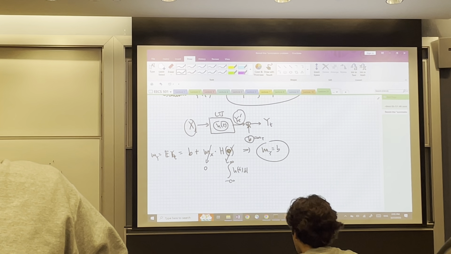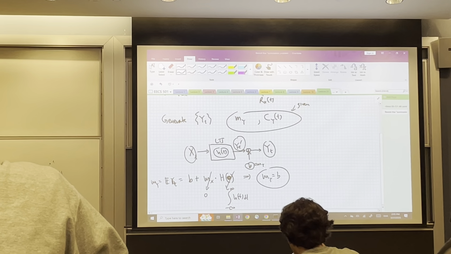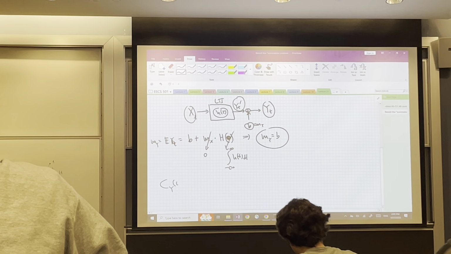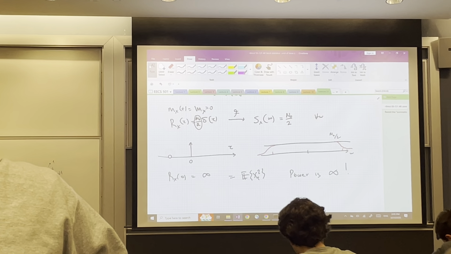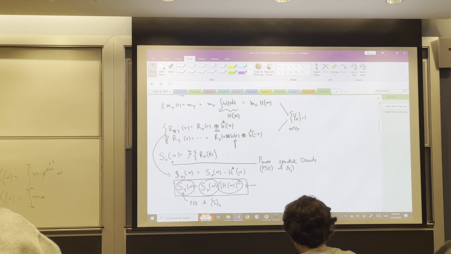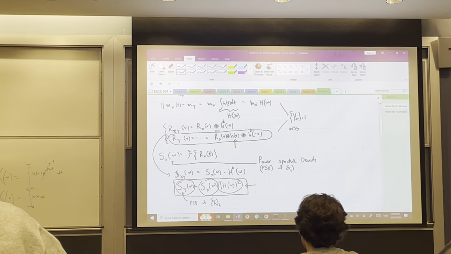So here I will calculate the covariance function of y. Whether I calculate the covariance function of y or y prime is the same thing. So let me calculate the covariance function of y of t, which is the covariance function of y prime of t, which is, as we have seen in our review, the output of the filter has correlation or covariance which looks like that.